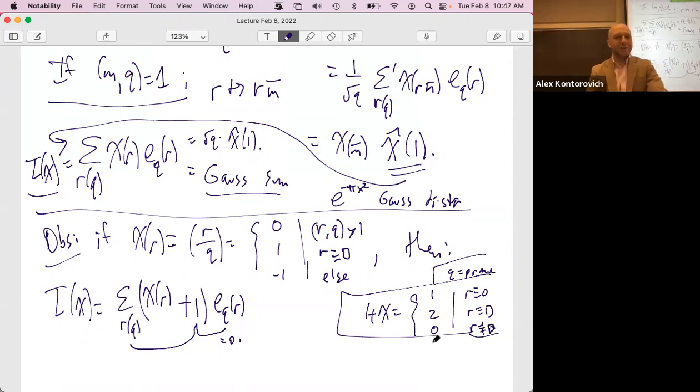In other words, it's the number of solutions to x squared minus r equals 0 mod q.